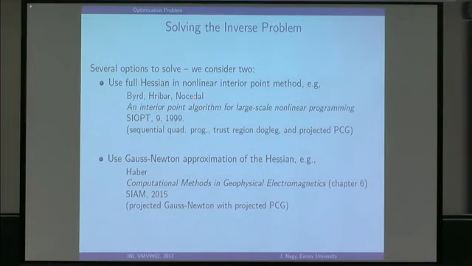This is an old paper, but I think a quite nice paper, which uses a sequential quadratic programming trust region dogleg projected PCG approach. And I'm also going to use this projected Gauss-Newton scheme that Eldad has nicely outlined in his book, Chapter 6. If you want to read it, it's a great book to read. Makes great gifts for holidays and Christmas and all those sorts of things.